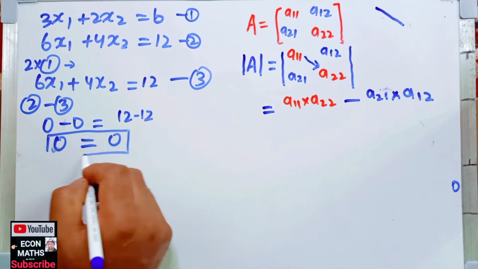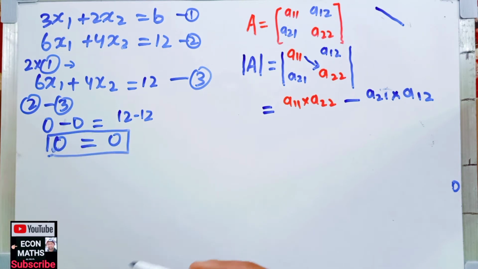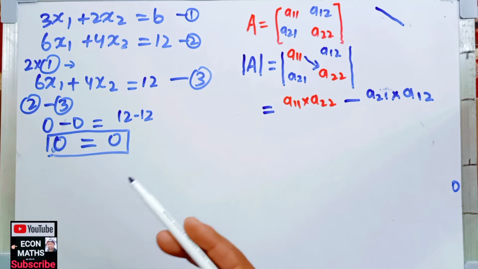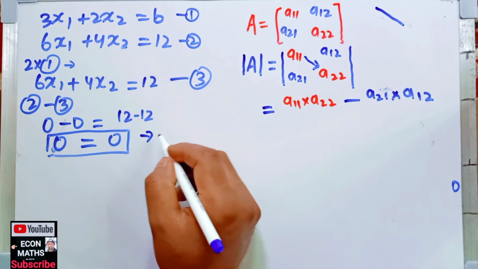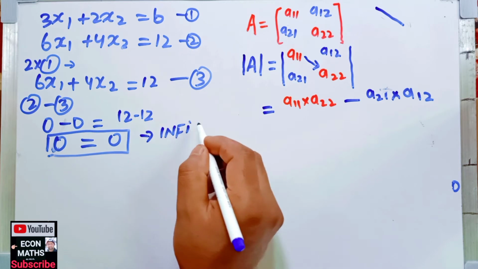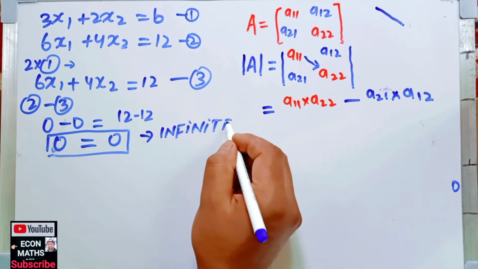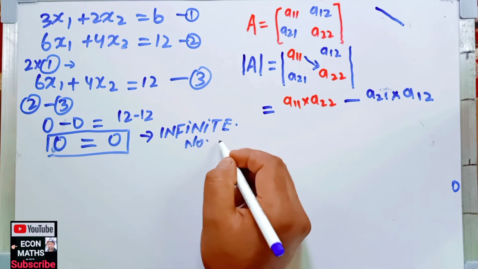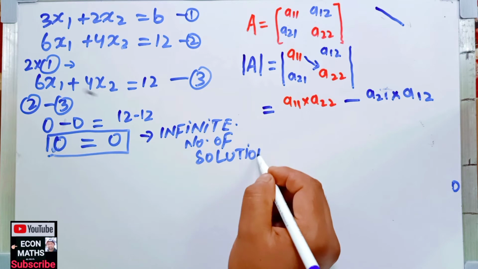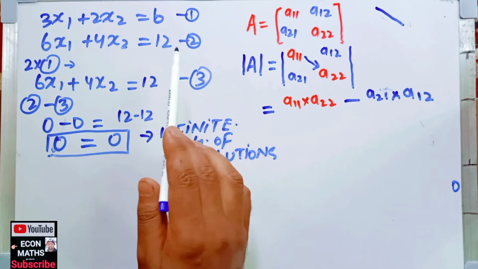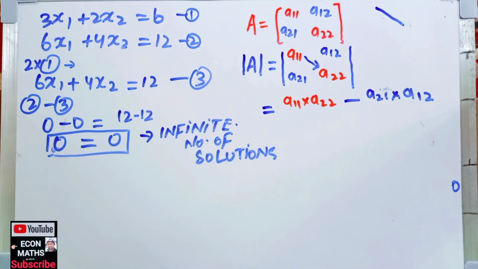So we have not a unique solution here. This system of equations has infinite number of solutions. That means these two equations are linearly dependent.